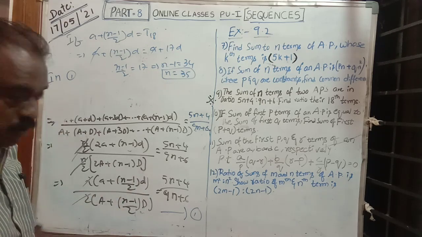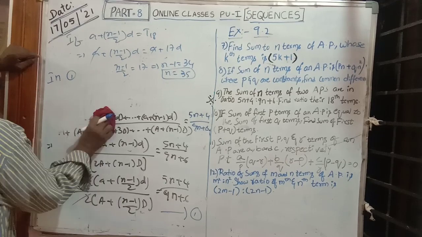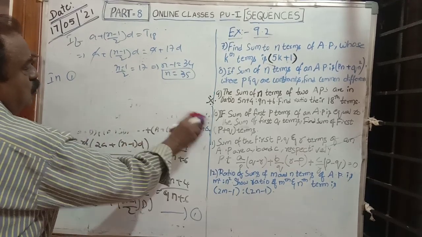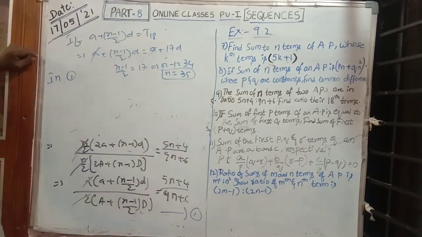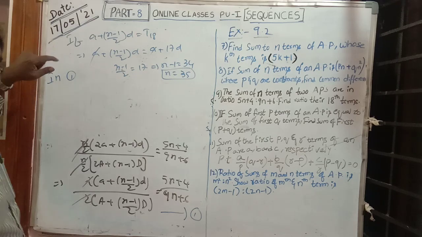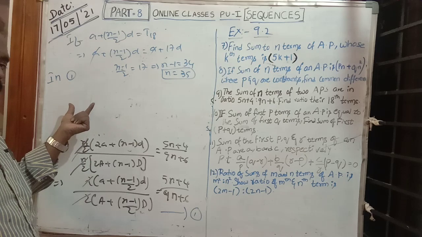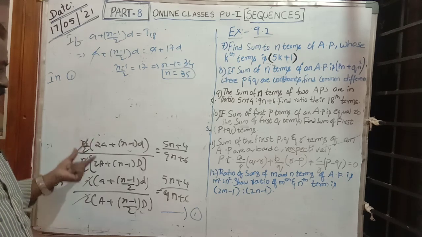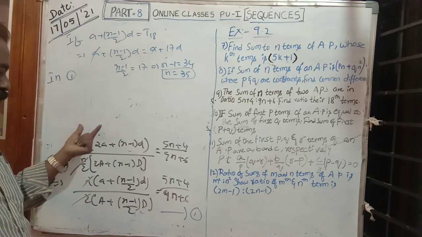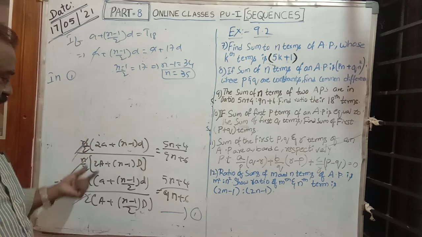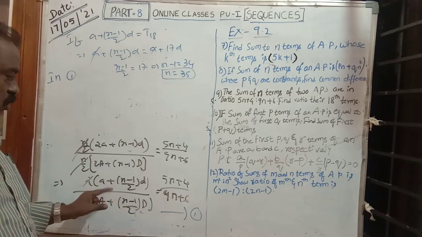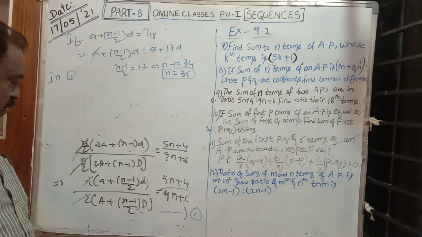Try to understand. Slowly, one or two times, try to observe this one. Why are we taking this concept? This is the main twist in the problem. Sn by S dash n, the sum to n terms of two different APs, with the ratio is this one.